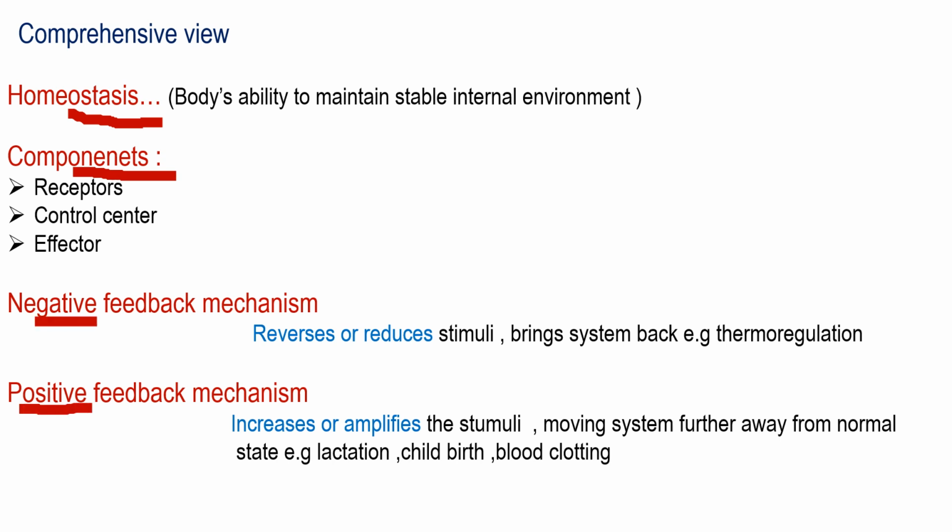Negative feedback mechanism maintains homeostasis by reversing or reducing the stimulus, for example, thermoregulation. Positive feedback mechanism maintains homeostasis by increasing or amplifying the stimulus. Examples of positive feedback mechanism are lactation, childbirth, and blood clotting.